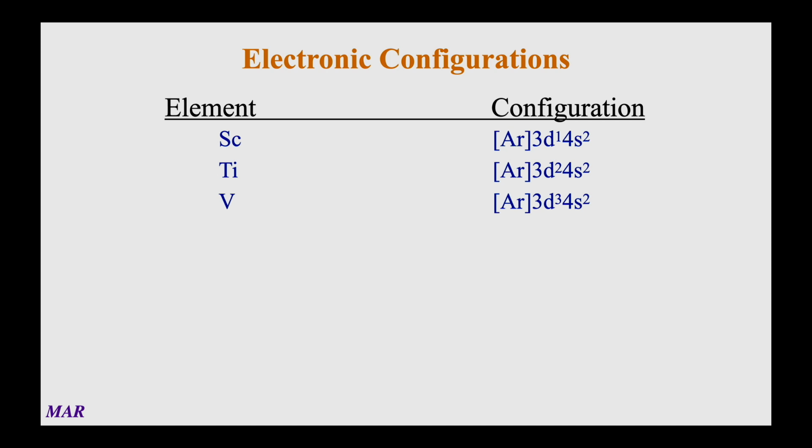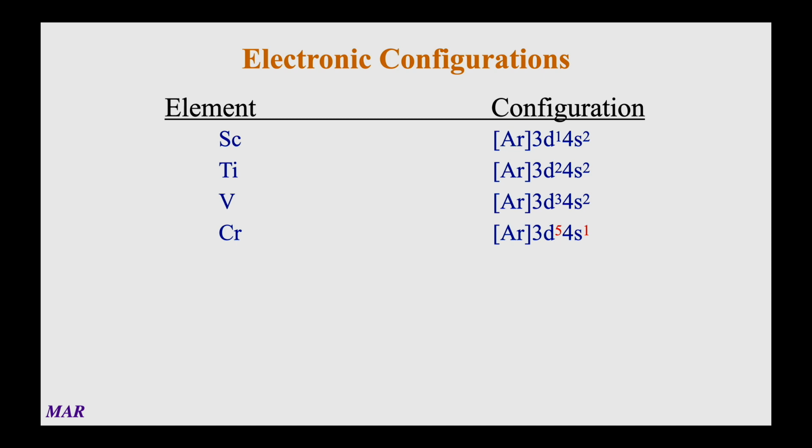Scandium, 3d1 4s2. Titanium, argon 3d2 4s2. Vanadium, 4s2 3d3, or 3d3 4s2. Now you would expect chromium, which is the next one after vanadium, to be argon 3d4 4s2. But chromium is one of the exceptions, and for reasons which aren't understood, at least through understanding the n plus l rule, which is what we use to figure these out, one of the electrons in the s orbital jumps ship to the 3d set.